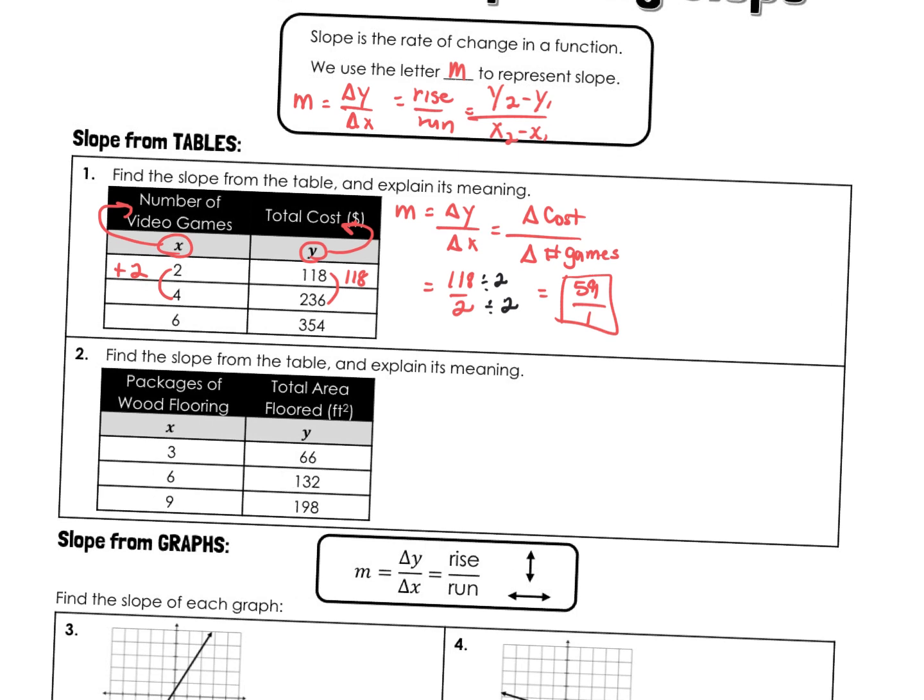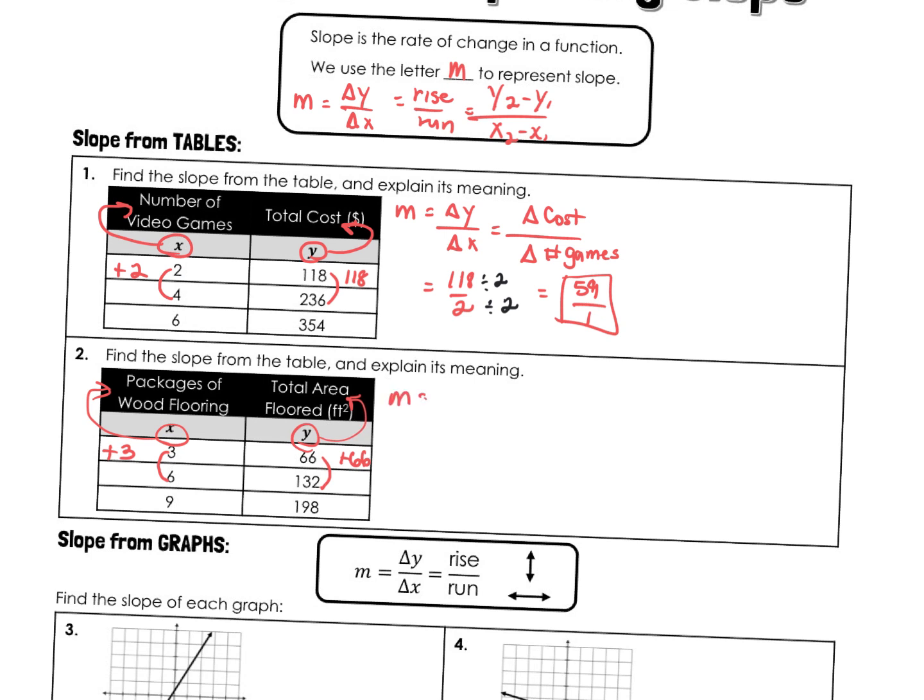In our next example, x represents the packages of wood flooring, y represents the total area floored. The difference between the x's on this one is positive 3. The difference between the y's on this one is positive 66.